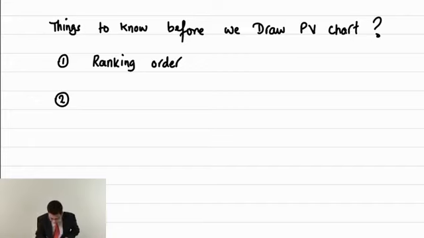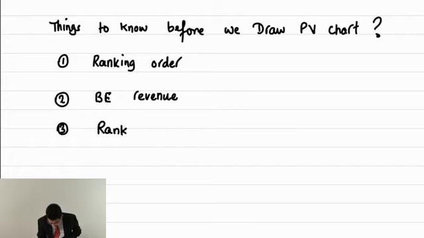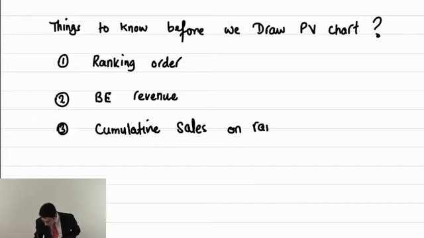Number 2, we need to know break-even revenue. Number 3, we need to know cumulative sales on ranking order.